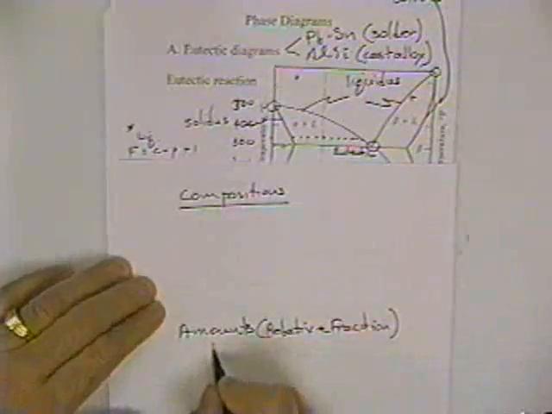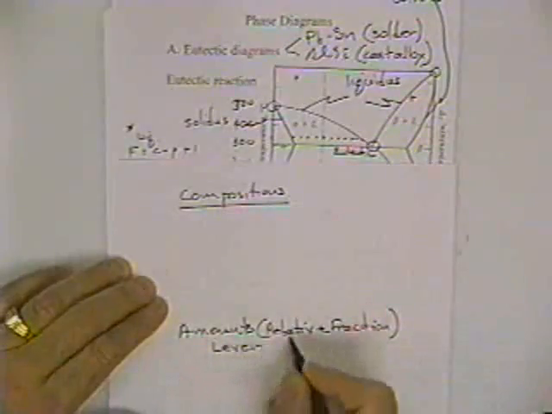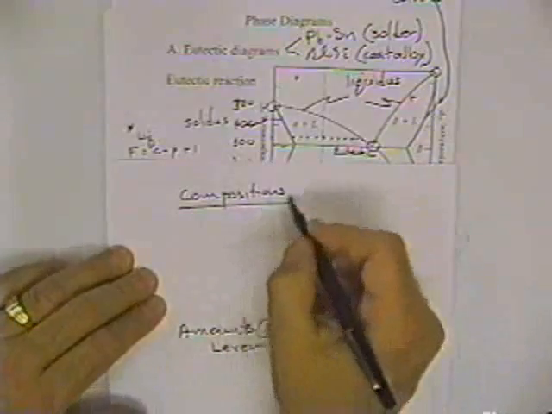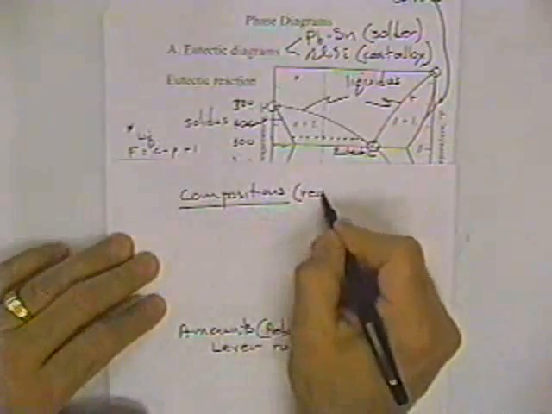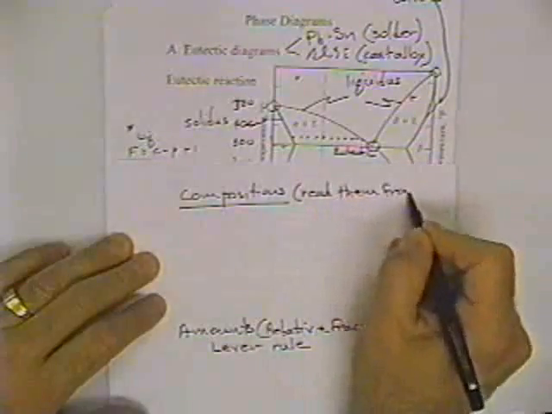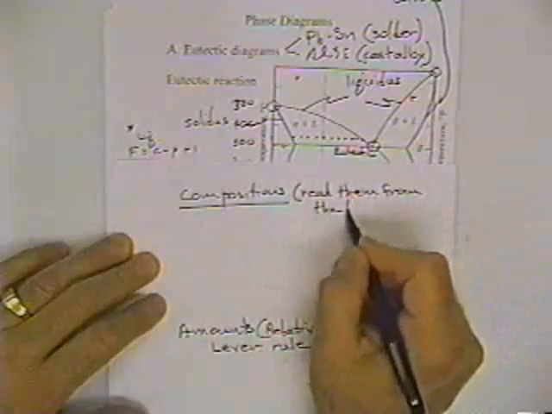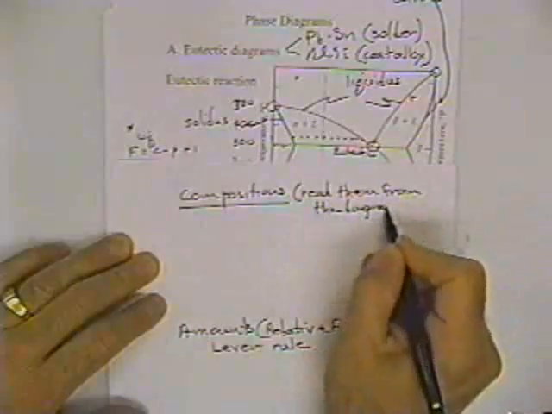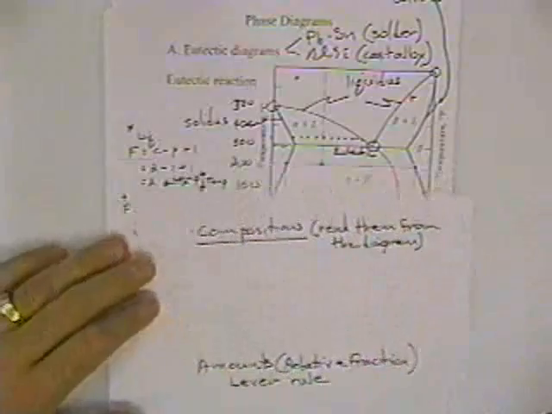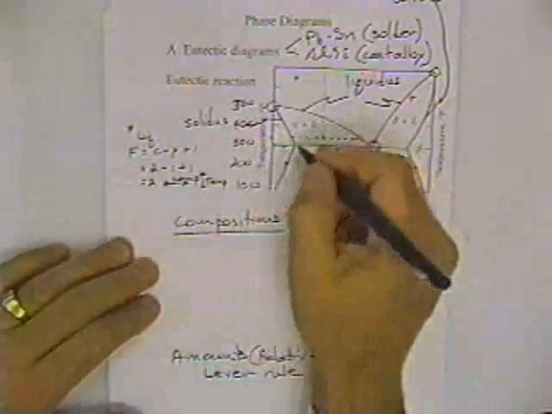When you want to determine the amounts, you have to use the lever rule. When you want to determine the compositions, you just read them from the diagram.